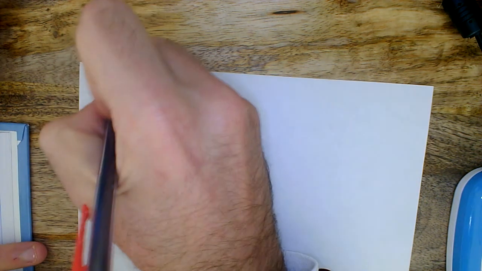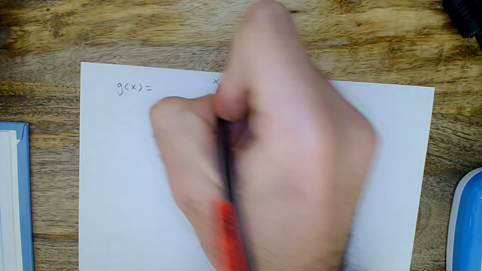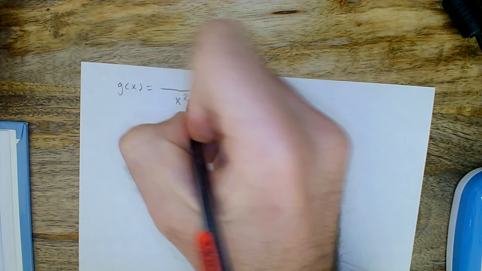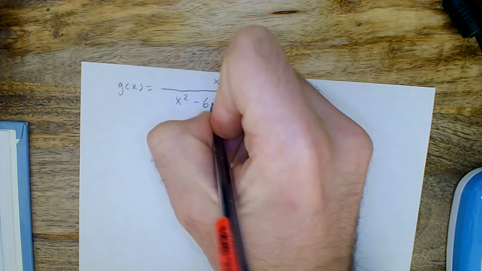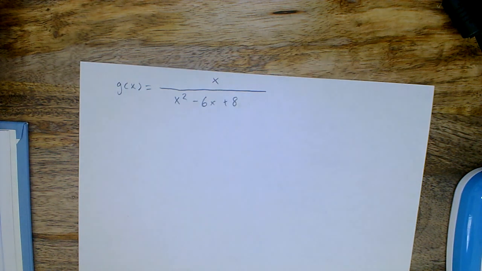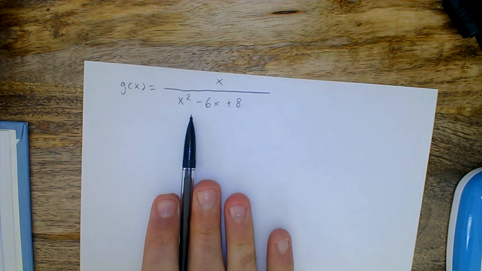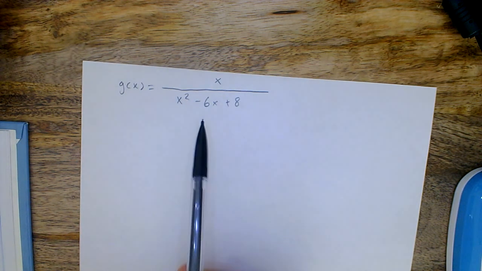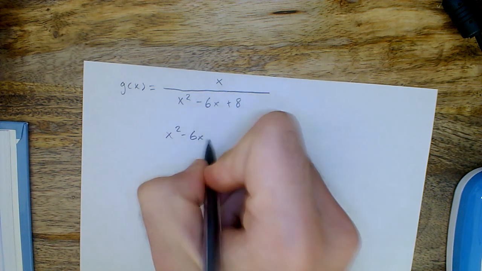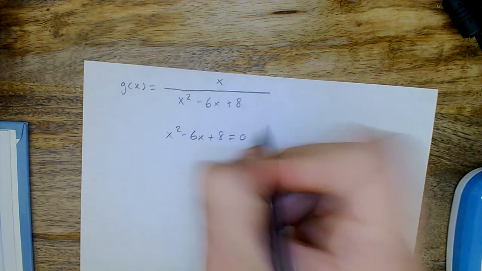So the next one I want to talk about is g of x equals x divided by x squared minus 6x plus 8. Okay, so now we need to look at the zeros of this denominator. So we have to set x squared minus 6x plus 8 equal to 0.